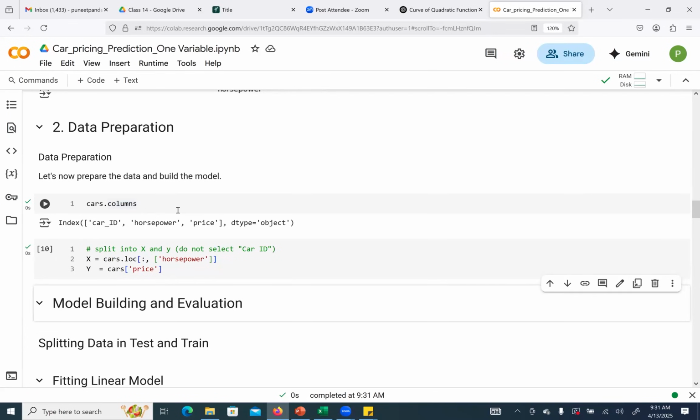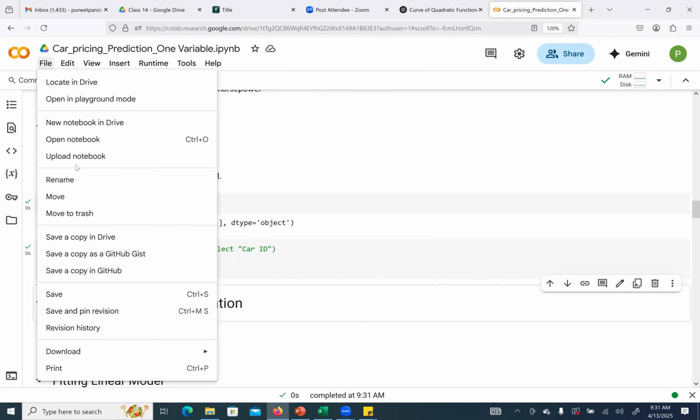Punit, the code is not directly opening in this website. No, it will. You just need to go to file and upload notebook. It will open for sure. Let me know if it's still not working. You can share your screen and I will help you out. Yeah, I will try.